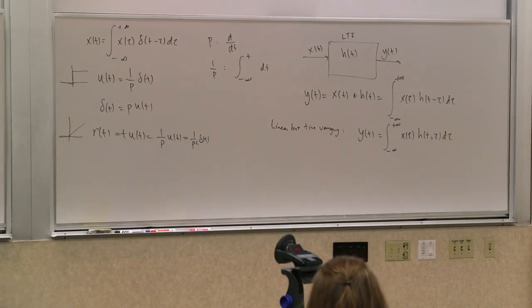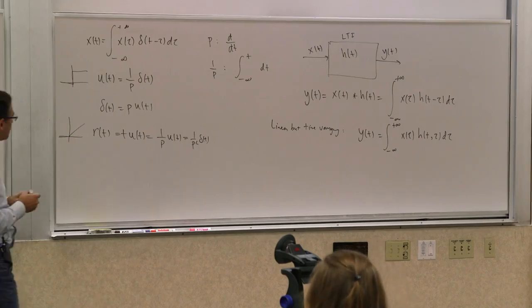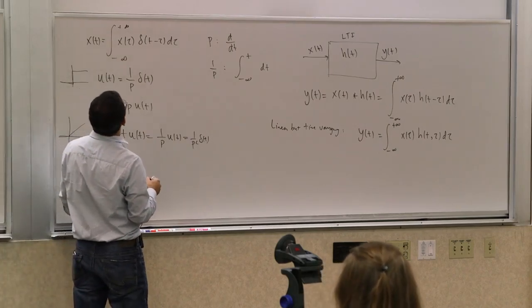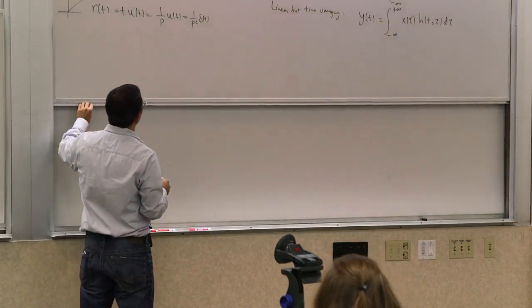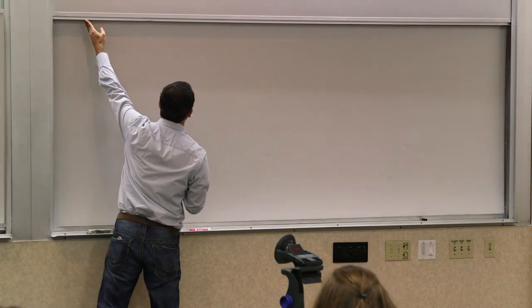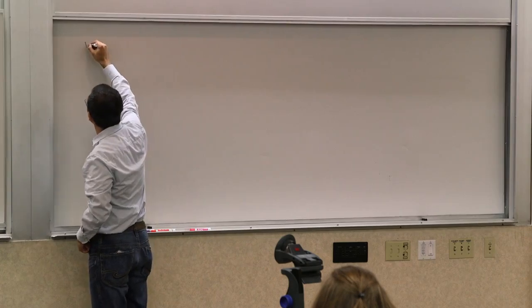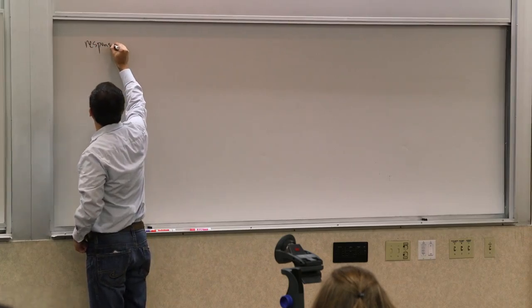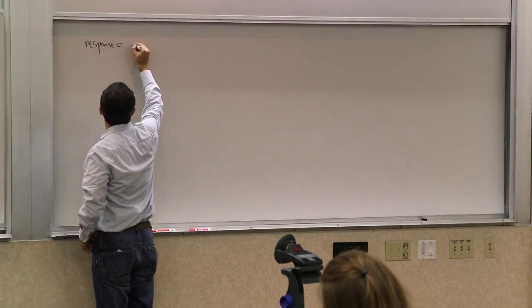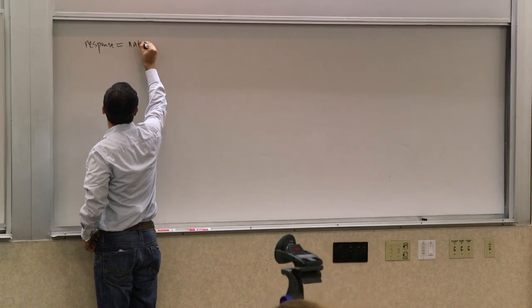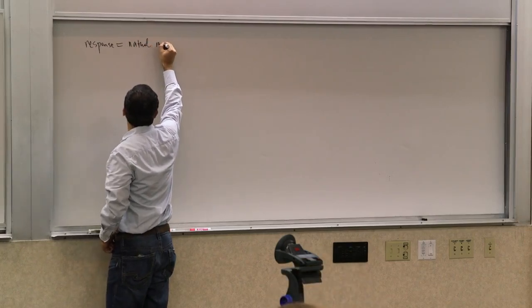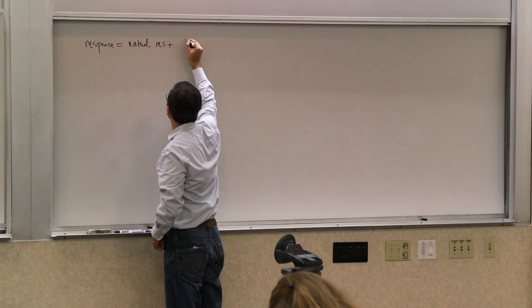Then we saw that the response of a circuit really consists of two things. You can break it down into different parts. You can write a response as the sum of the natural response and the forced response.